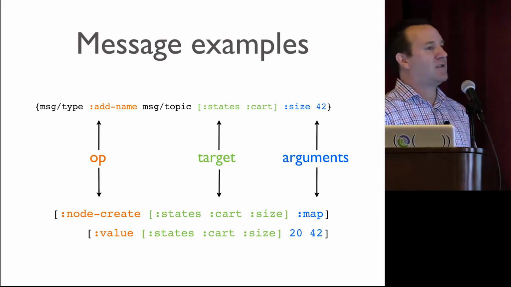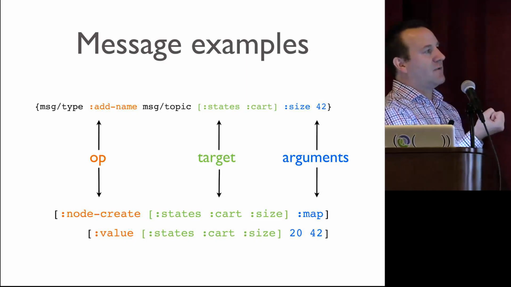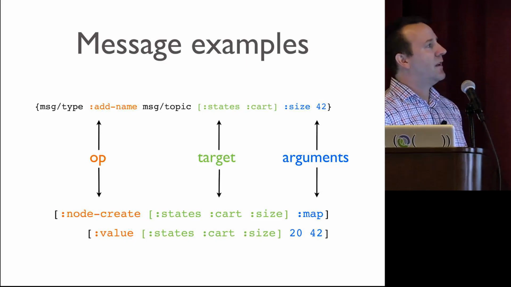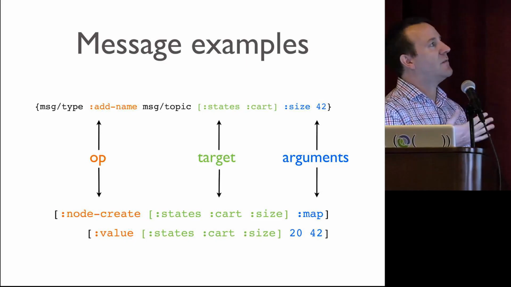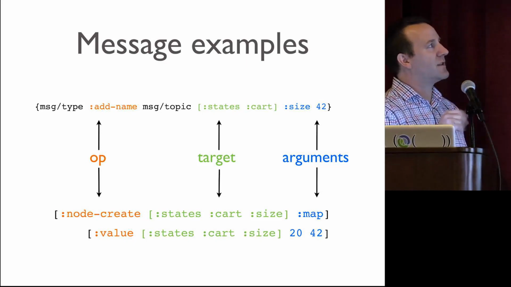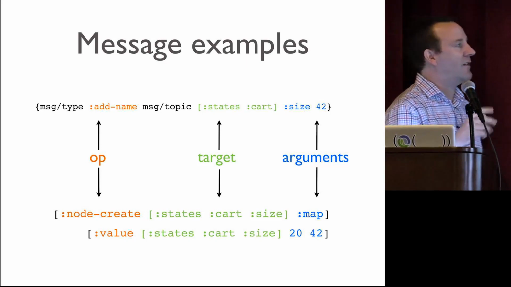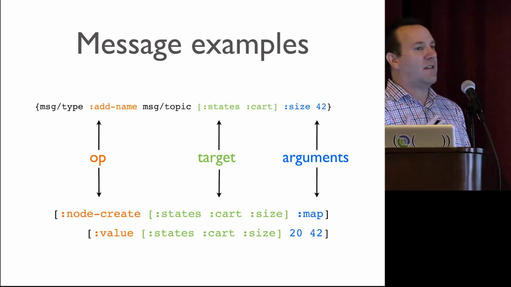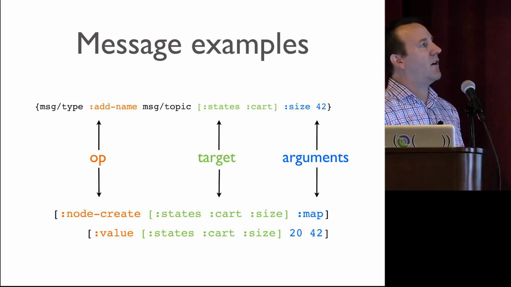And so in this application, we used widgets. The functions that receive these messages would maybe make an API call to a widget to make a small change. Notice that there is a similarity between these messages, even though they're slightly different. They all have an operation, something we want to do. They have a target, the thing that we want to do it to, and then they have arguments.